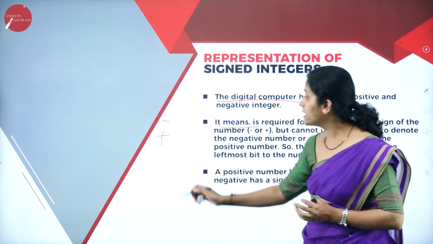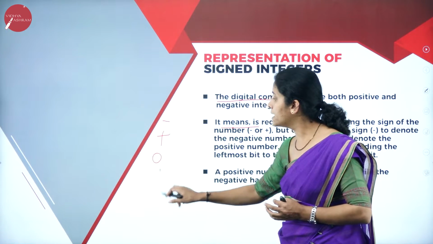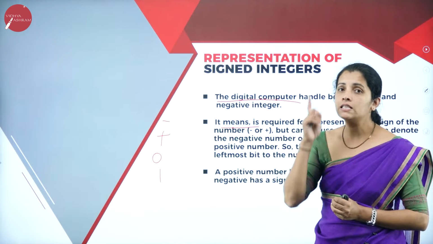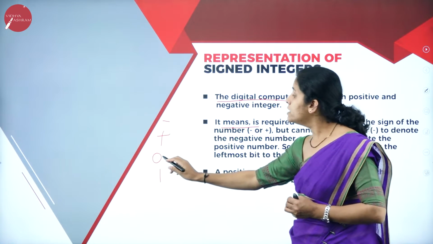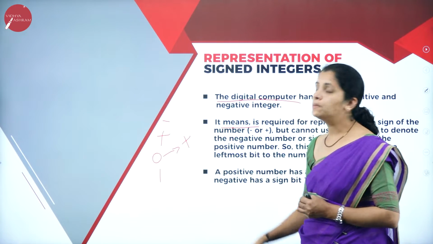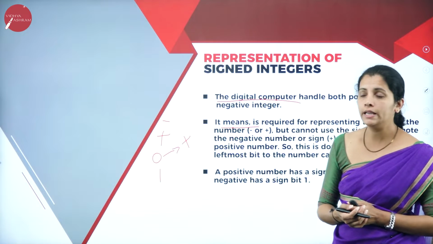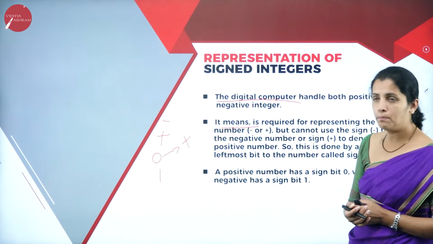Instead of that, I can use signs like 0 and 1. Dear student, just remember that 0 is used to indicate a positive number and 1 is used to indicate a negative number.